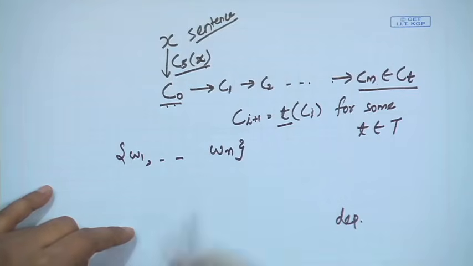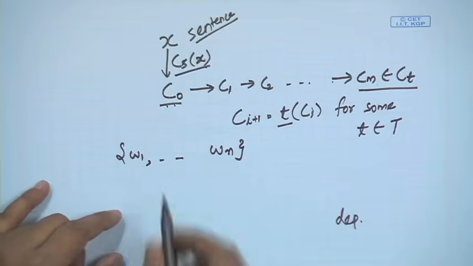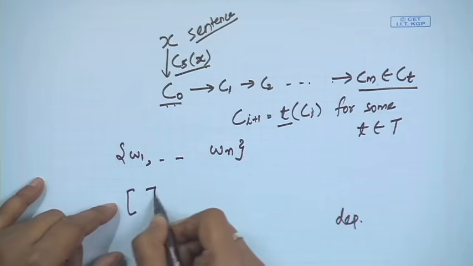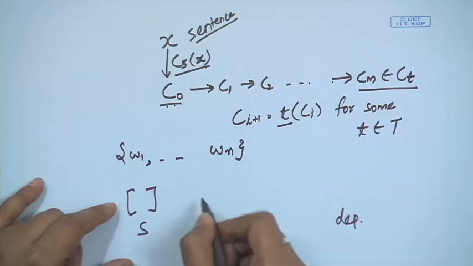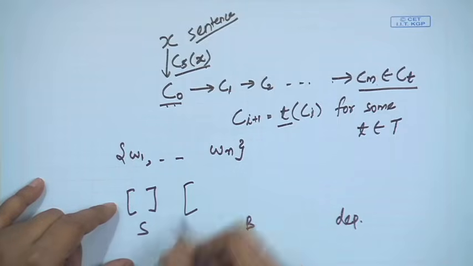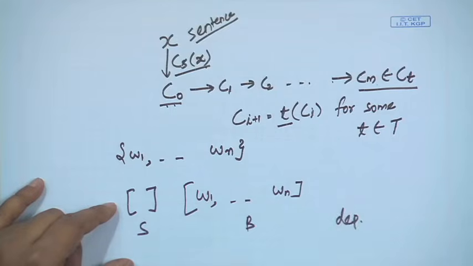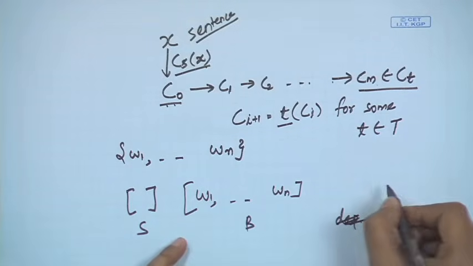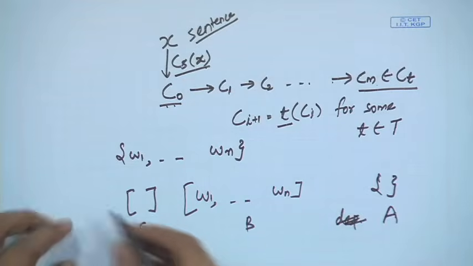Initially, my stack should contain the set of partially processed words. There is nothing that is processed right now, so my stack will be empty. My buffer should contain the set of remaining input words. Remaining words are all the words W1 to Wn, and my arcs should contain whatever dependency relations I have already found. So, it will be an empty set. This is my initialization.